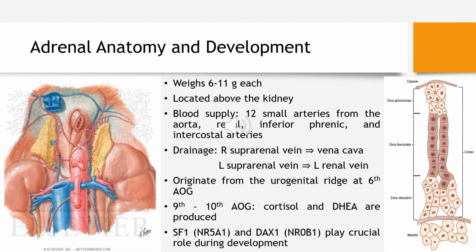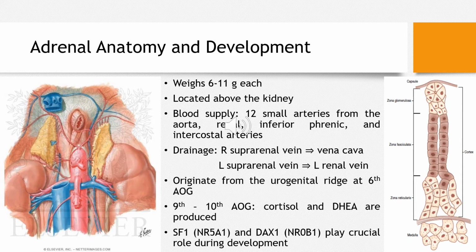An example of that, if there is an SF1 mutation, which may result in an increase of this gene, it may cause adrenal overactivity, and a deficiency in this gene would cause gonadal failure or 46XY DSD or disorder of sex development. On the other hand, if there is a mutation in the DAX1 gene, it produces the disease called adrenal hypoplasia congenita, which consists of adrenal insufficiency and hypogonadotropic hypogonadism.